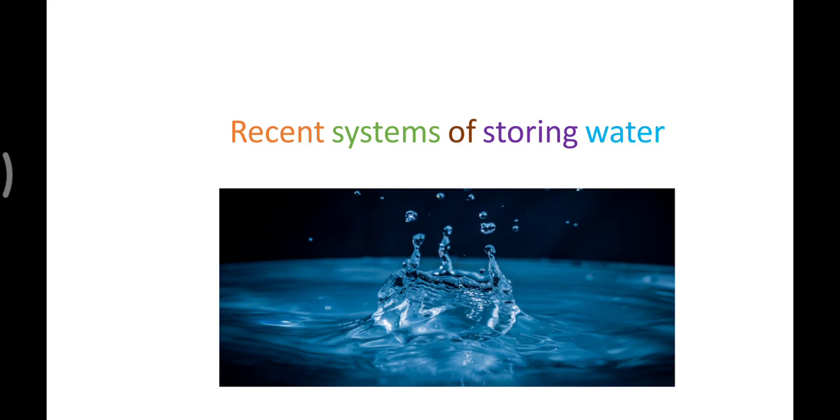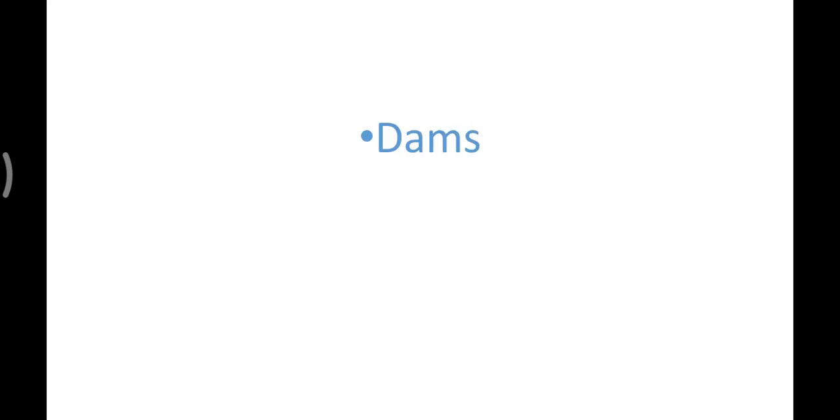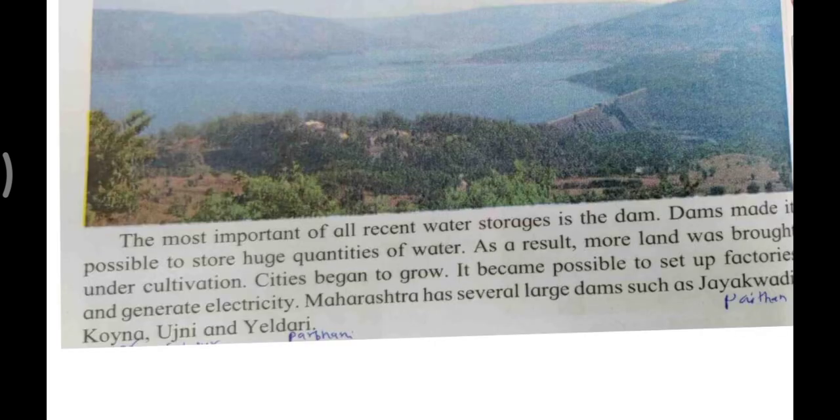What are the recent or modern systems to store water? So children, the first and very common, very famous, very useful system is the dams. So what are dams? A dam is a barrier or a big thick wall which is constructed to hold back water and raise its level to form a reservoir.